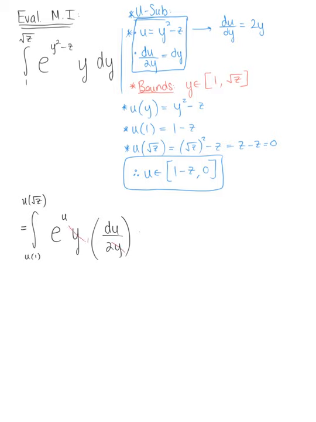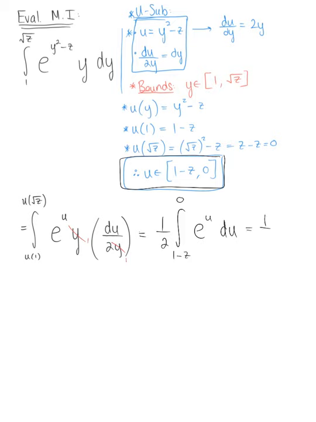We can see the y's cancel each other out. So I can pull this constant 1/2 out in front, and plugging in the bounds that we defined here for u, the u of 1 becomes 1 minus z, and u of the square root of z is 0. And the integrand is just the natural exponential raised to the u du, which is a general antiderivative.